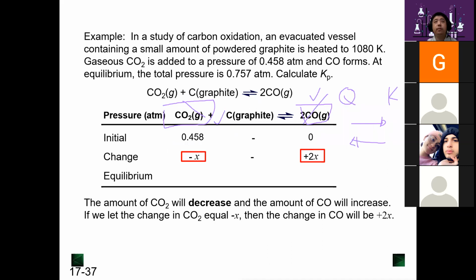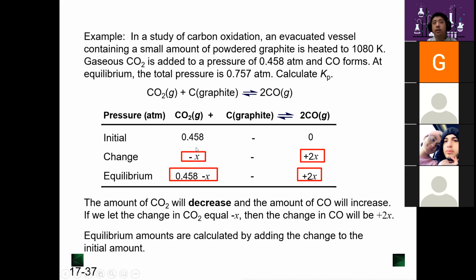Now, in addition to that, we need to pay attention to the coefficients. If this is a 1-to-2 ratio, as I use up one of these, I should make 2 of these at all times. The ratio is set in stone here. So that coefficient determines how many x's we are dealing with. In this scenario, it's just 1x used and 2x made in the process. So I rewrite my initial and change together.